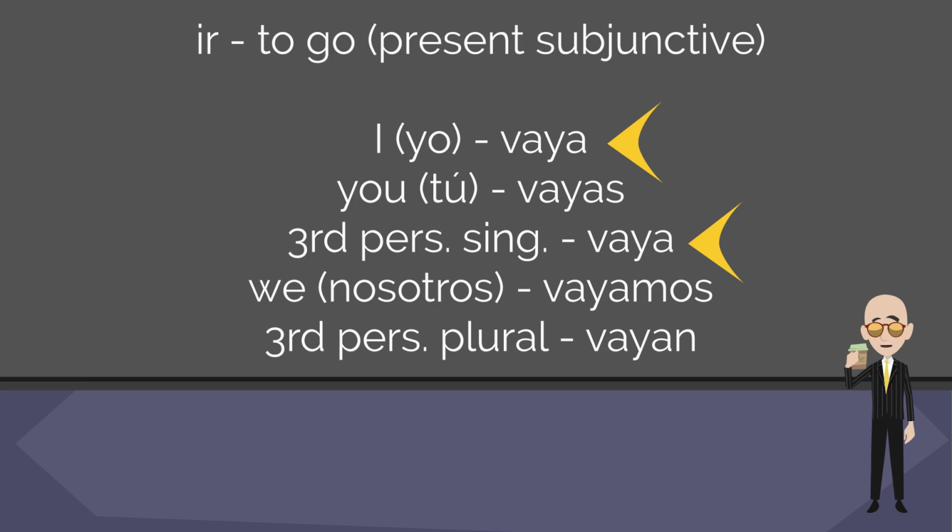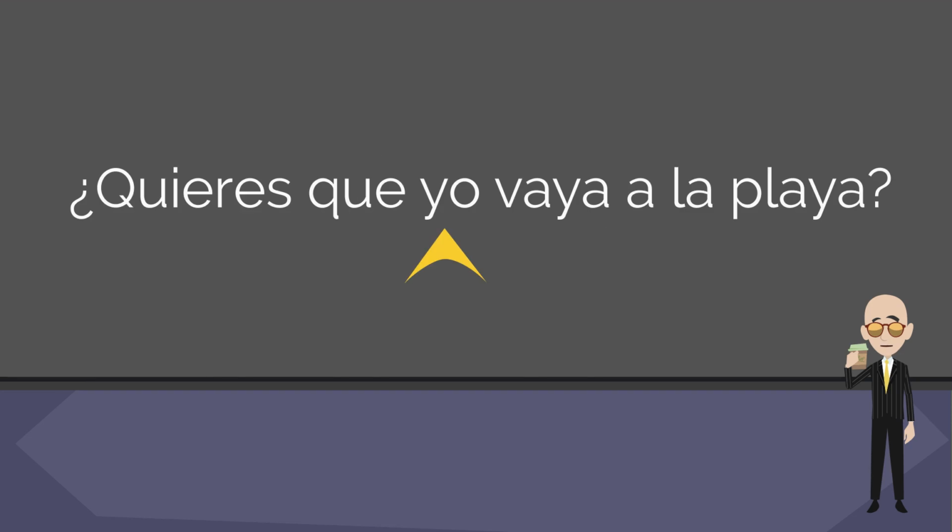Normally the first person conjugation, meaning I or yo in Spanish, is unique. That's why I never have to include the word yo. It's always very clear. But in the case of the present subjunctive, it matches the third person singular. That basically means that if you're speaking in the present subjunctive, you might want to go ahead and use the word yo in there, just so it's really clear who the subject is.